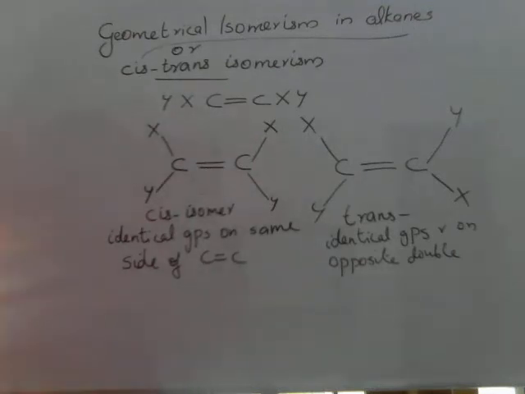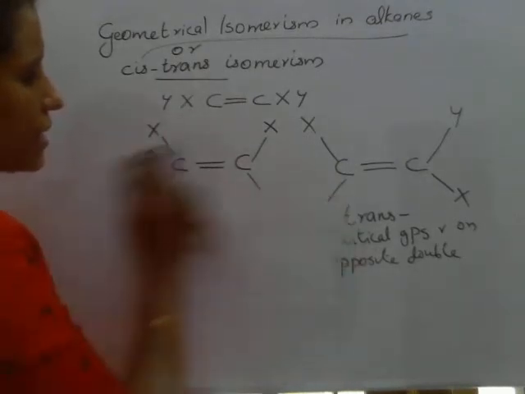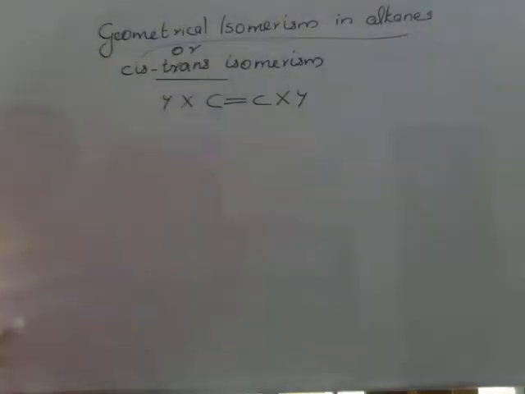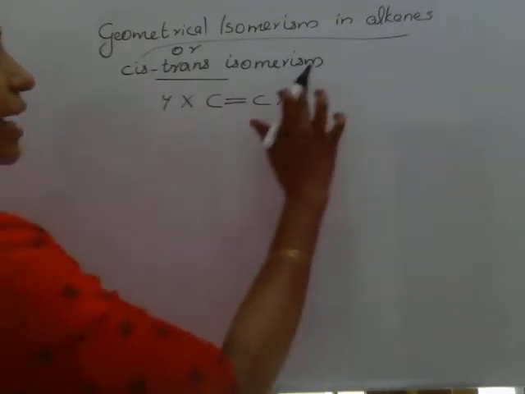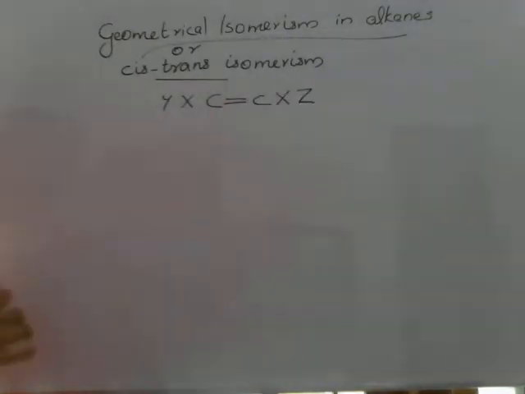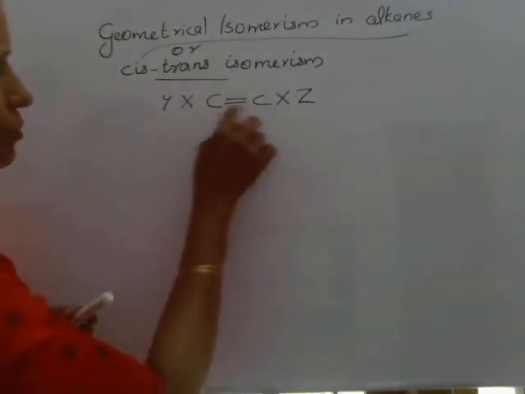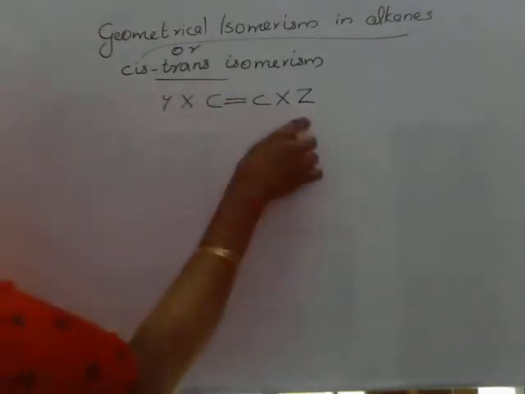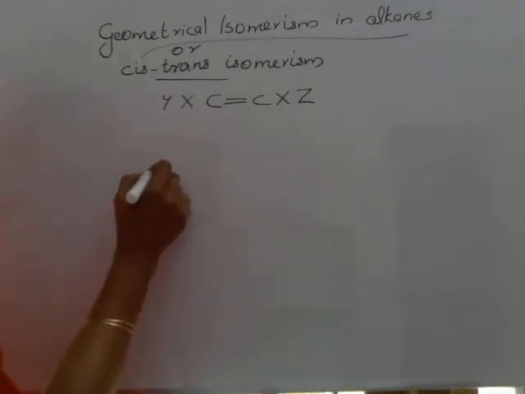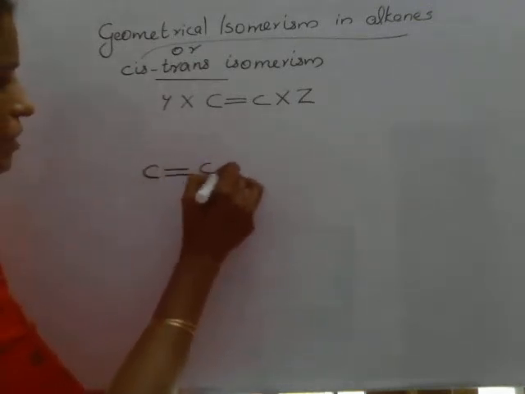Let's take another example of an alkene. Here the alkene is of the type CXY and CXZ. See, X atoms are similar groups on both the doubly bonded carbon atoms. The other group is different. Let's try to draw the different ways of arranging these groups around the carbon-carbon double bond.